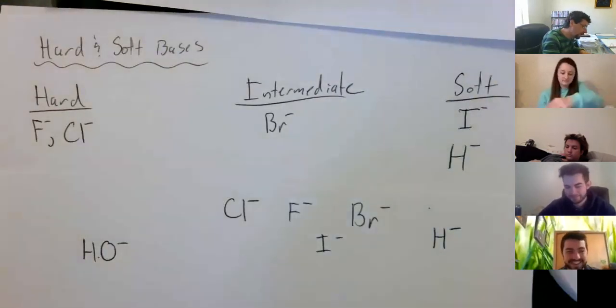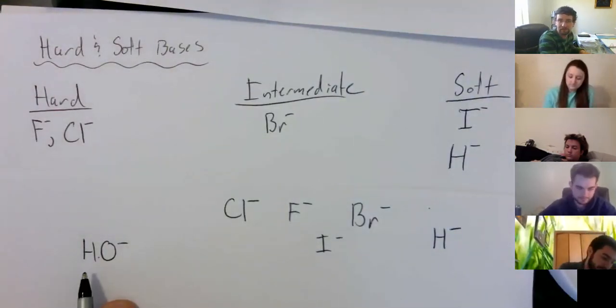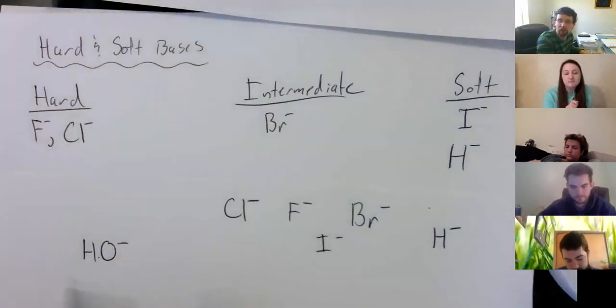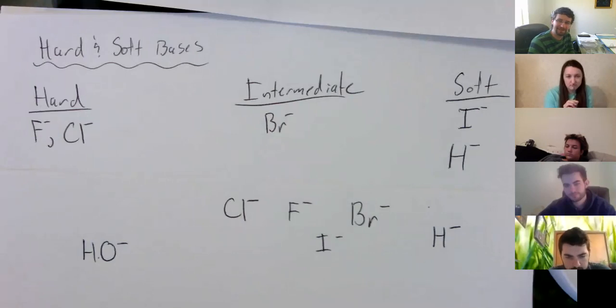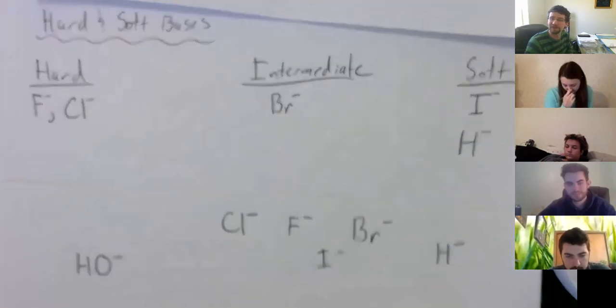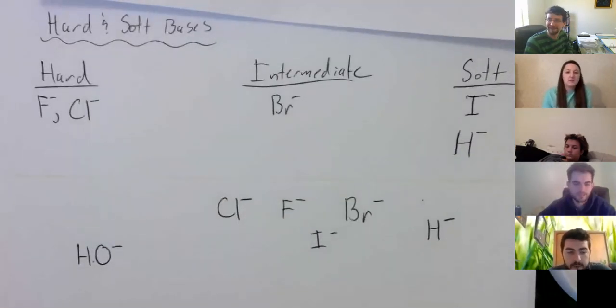Okay, let's consider OH minus. If you had to put OH minus somewhere on here, where would it be? Probably soft. Is it easily polarizable? We got one vote for soft. Anyone else?